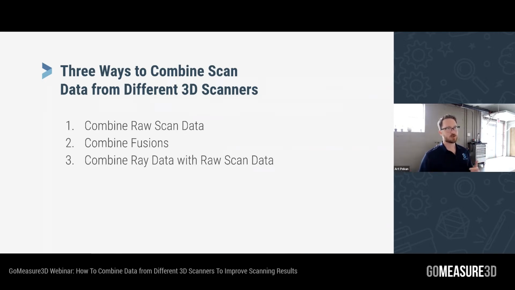The nature of the file format from the laser scanner is just very different, so there's a separate process for that, and we'll cover that at the end. But the first one is combining raw scan data from multiple scanners. And then the second demo will be combining fusions. So you can complete your processing on your different scans, render out your fusions, and then combine the fusions together. And that has its advantages as well. So we'll cover that in the end.